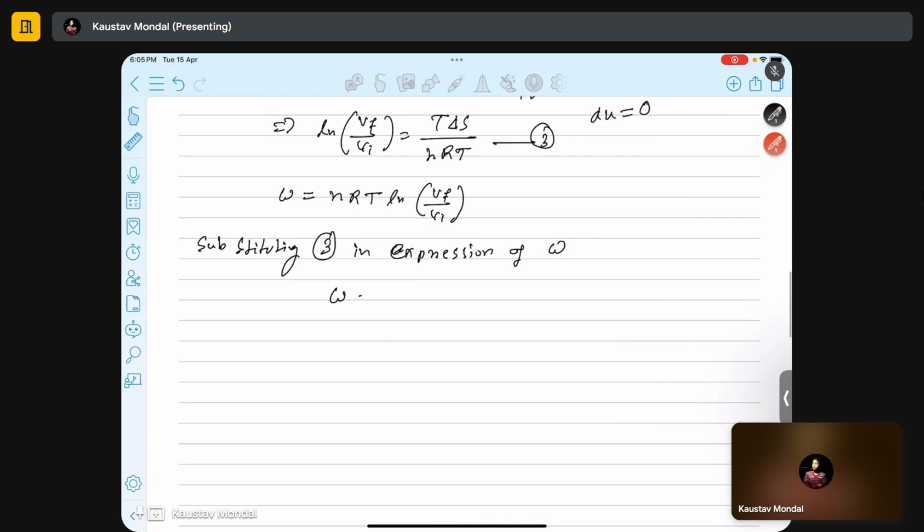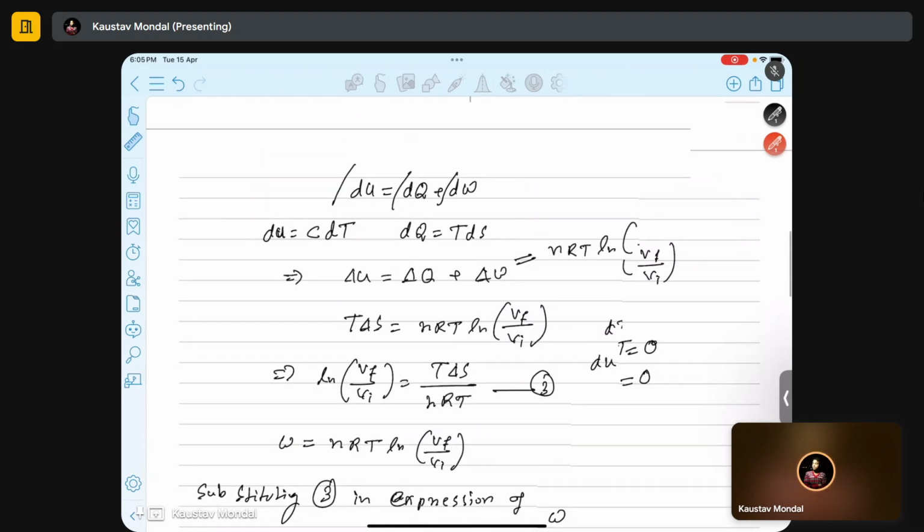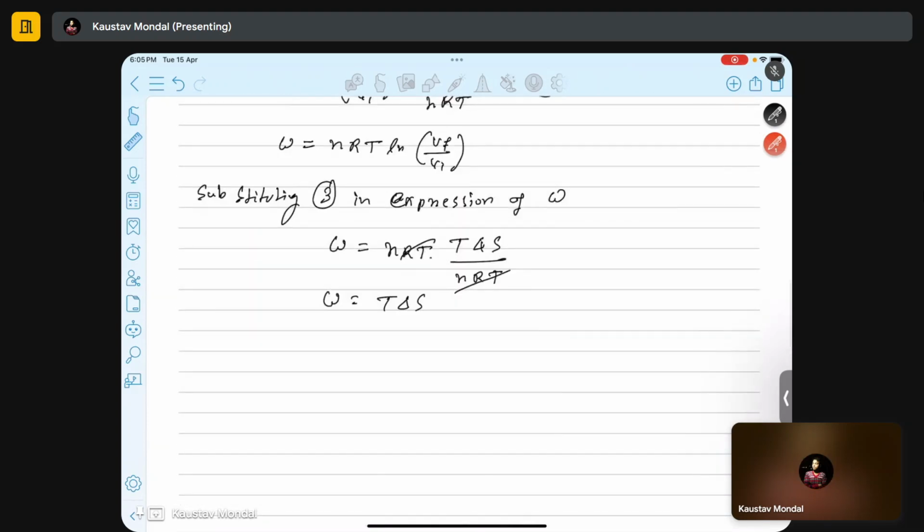We get W equals nRT by T delta S by nRT. Okay, now nRT will cancel, we will get T delta S. But in the expression there is no T delta S given. That means you have to substitute the things once again.